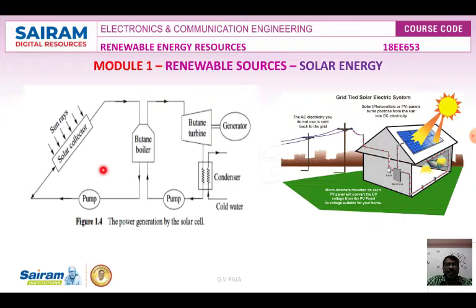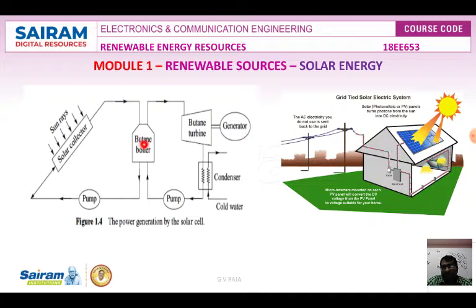The sun rays are collected by the solar collector, which is focused to heat the butane water to generate butane gas in the butane boiler.